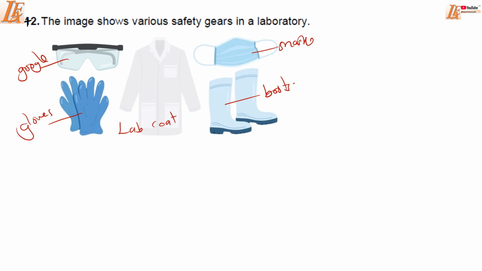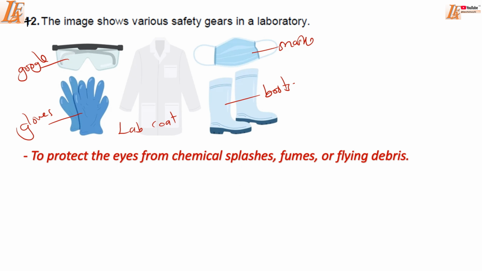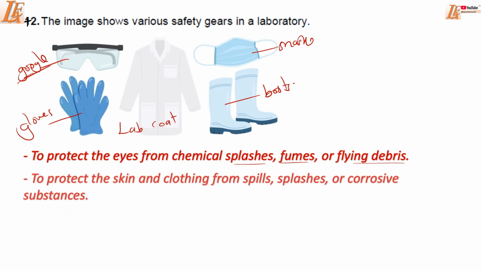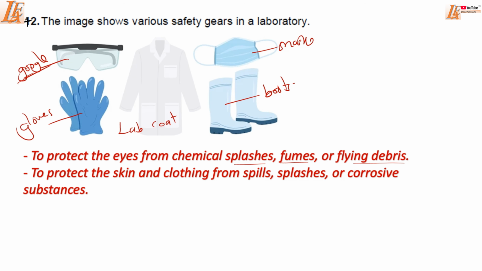So in this case, the first function of these gears is to protect the eyes from chemical splashes, fumes, or flying debris. So the function of goggles in this case is to protect the eyes from chemical splashes, fumes, or flying debris. Then the second function is to protect the skin and clothing from spills, splashes, or corrosive substances.